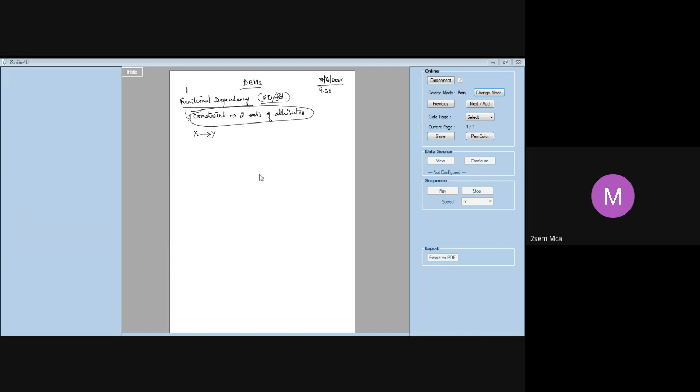Right. So we always denote functional dependency like this: X, then an arrow mark, and then Y. I said it is a constraint between two sets of attributes. X and Y here are nothing but the two sets of attributes. So whenever I write a functional dependency, X functionally determines Y, or Y is functionally dependent on X. That is how you read this.